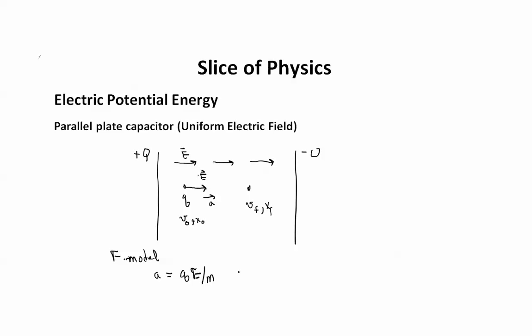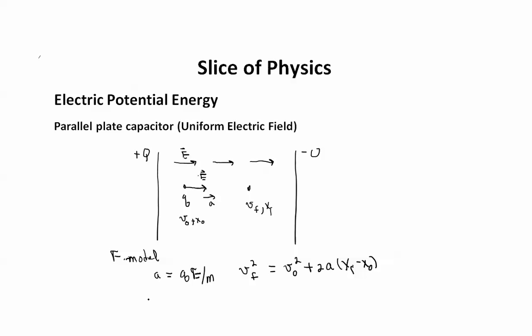So the final velocity squared, from our kinematic equation, would be the initial velocity squared plus 2 times the acceleration times the separation, the displacement from the initial position to the final position.